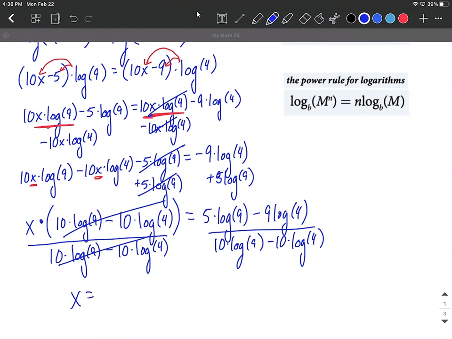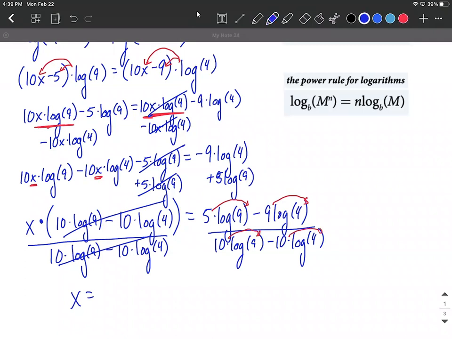We may choose, however, to rewrite this, and we can make it look a little bit nicer. Remember back to our power rule for logarithms: if you have a number multiplied out in front of a logarithm, you're allowed to move that up to the exponent and attach it to everything on the inside. So we're going to be doing that with this 5, this 9, the 10, and this other 10, which can all move up into the exponent.